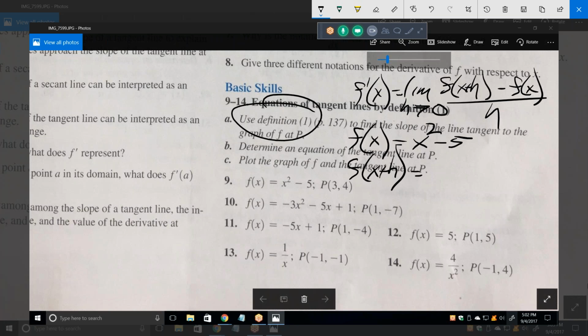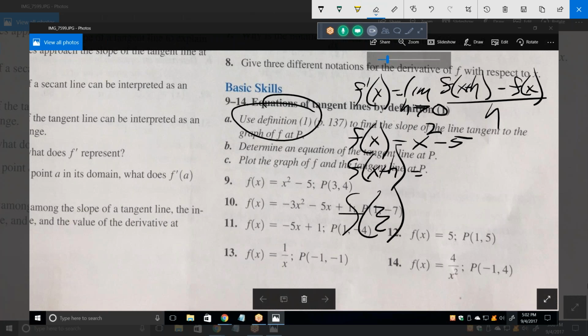The rule you want to use is whatever is in the parentheses, you substitute for x, always. If I said, what's f of 3, you would substitute 3 for x, correct? You'd get 9 minus 5.